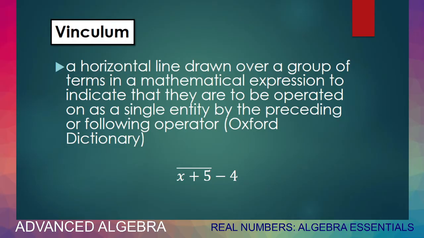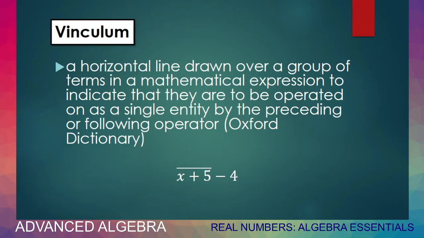So, yun yung example. Pwede din natin gamitin as a horizontal line drawn over a group of terms in a mathematical expression to indicate that they are to be operated on as a single entity by the preceding or following operators. Para din siyang parenthesis, si Venn column dito sa example natin, kasi merong Venn column dun sa x plus 5.